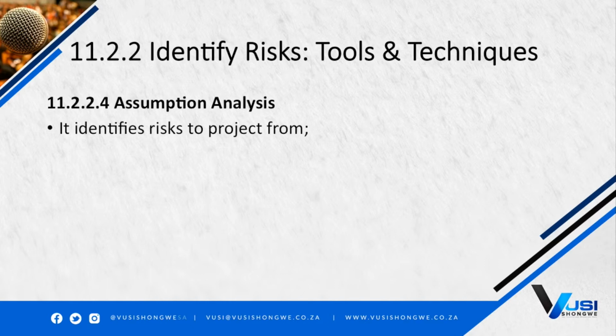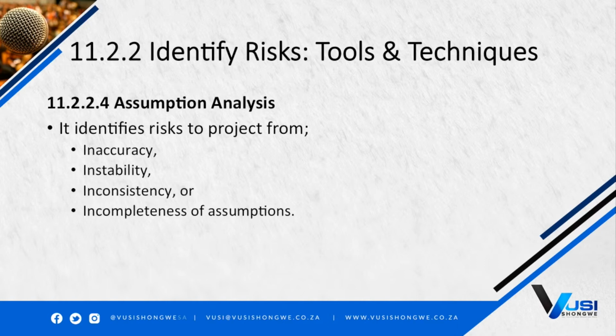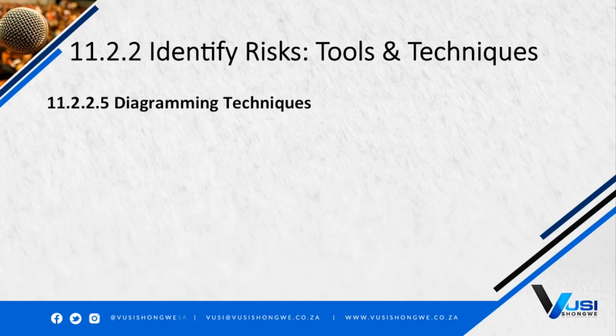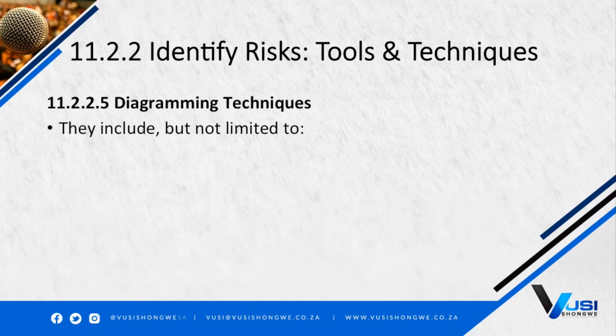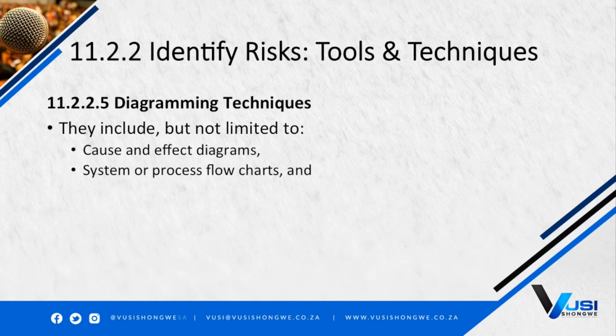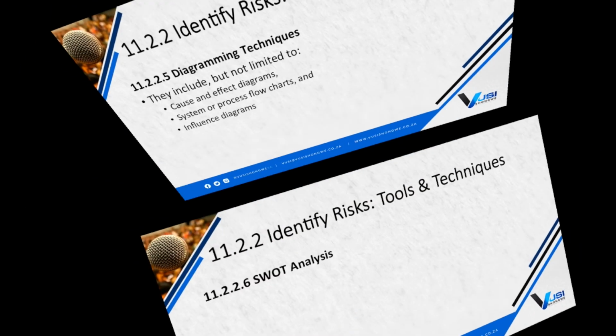It identifies risks to the project from inaccuracy, instability, inconsistency, or incompleteness of assumptions. Diagramming techniques. They include but are not limited to cause and effect diagrams, system or process flow charts, and influence diagrams.